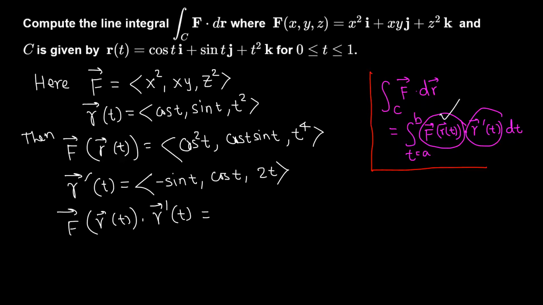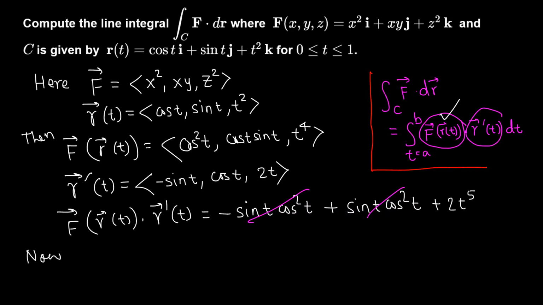So cosine squared t times negative sine t, so negative sine t cosine squared t, plus cosine t sine t times cosine t, so sine t cosine squared t, plus t to the fourth times 2t, which is 2t to the fifth. Okay, 1 and 4 copies, 5 copies. These two are the same, negative and positive, so we can cancel.